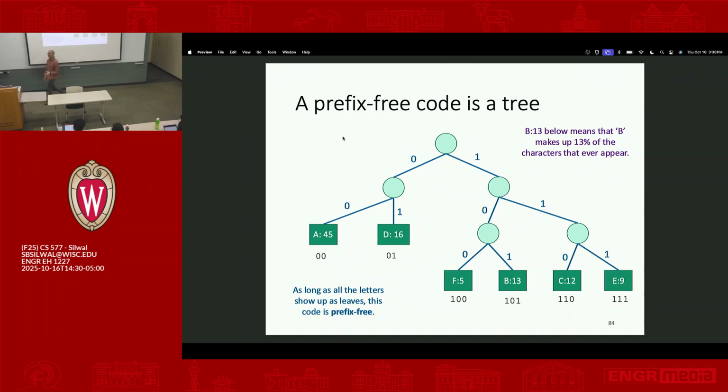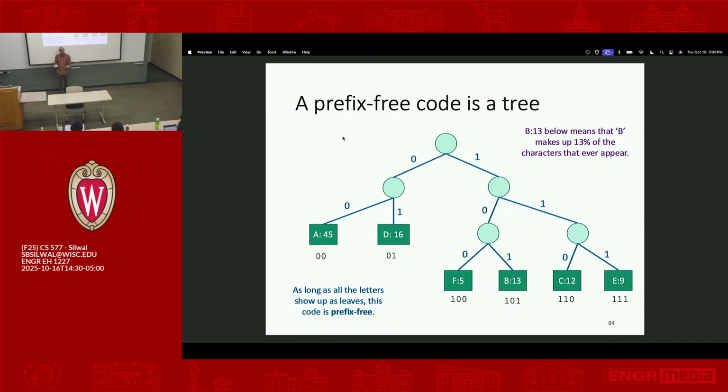This type of coding is called prefix-free, meaning that if I take two letters, it's not going to be the case that one's encoding is a prefix of the other, because they're all on a root-to-leaf path. It's not going to be the case that someone is at an intermediate node.